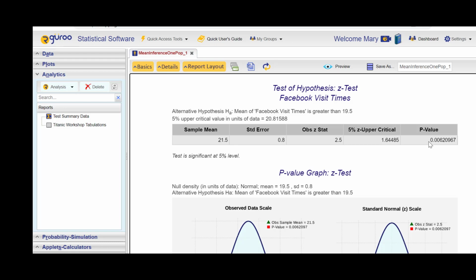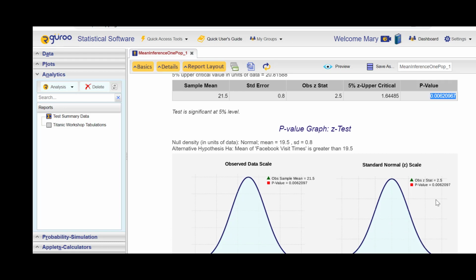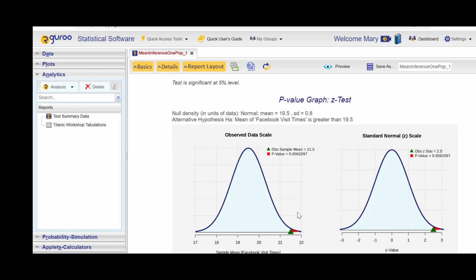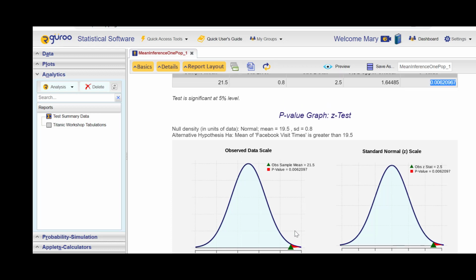And then we want to go over here to the p-value. That's really what we're interested in. And if you want to see the p-value graphed, you can see it here. So if we have 21.5 falls here, the probability of that occurring, given that the null is equal to 19.5, it looks like it's a pretty small probability, very small amount of shading.